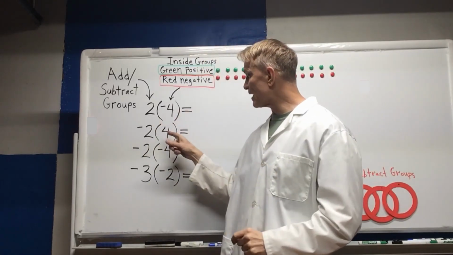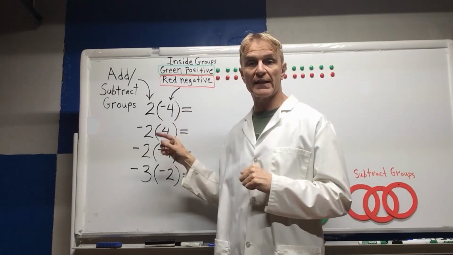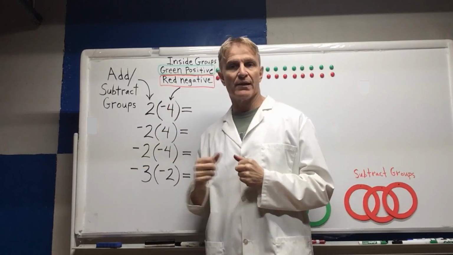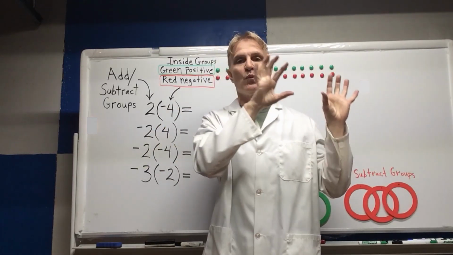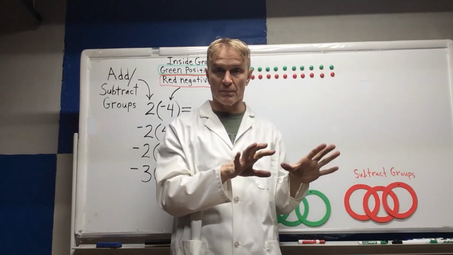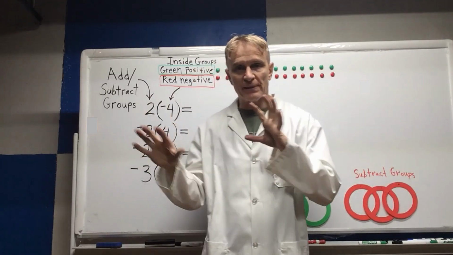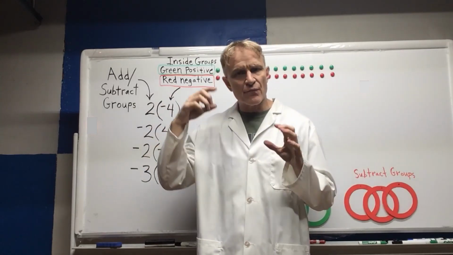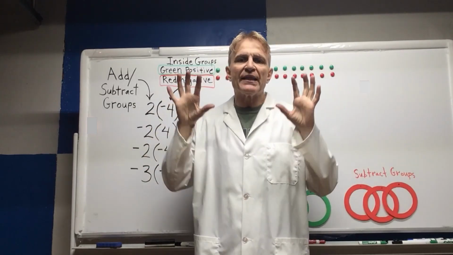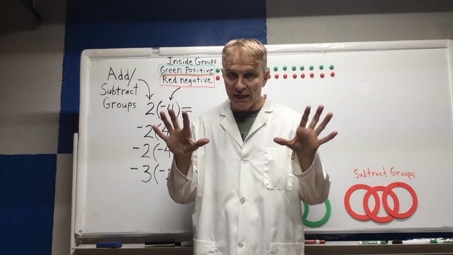And a positive 4, for instance, will be green. So what we will do is we'll put 4 green pegs within each group. So let's do some multiplication problems so you can see how this game plays out, and you can really get the definition sunk in.